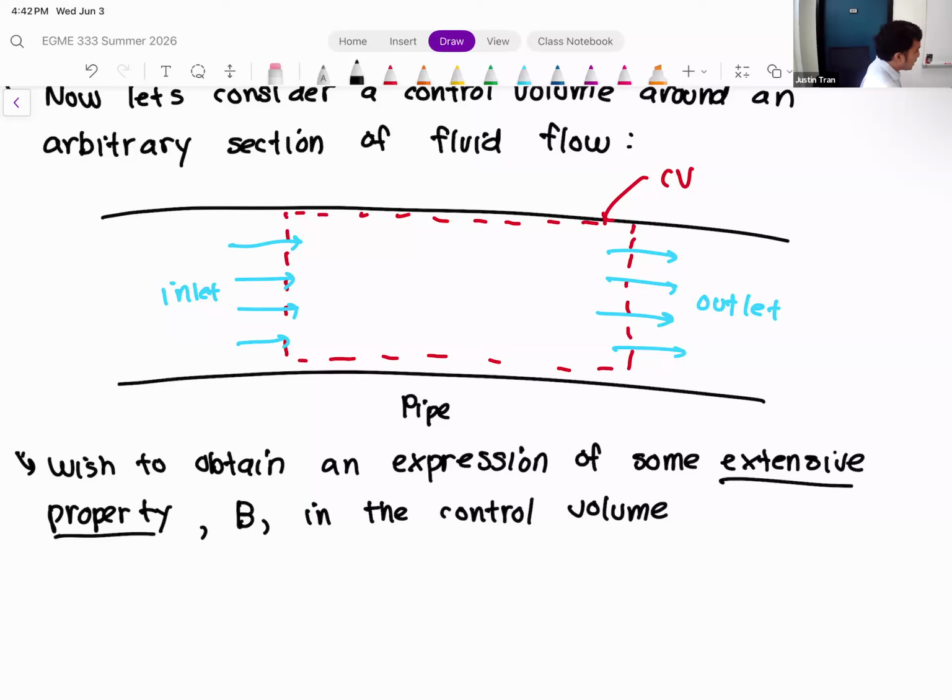All right, so I'm using the capital symbol B. So B here is just going to be some generic extensive property.